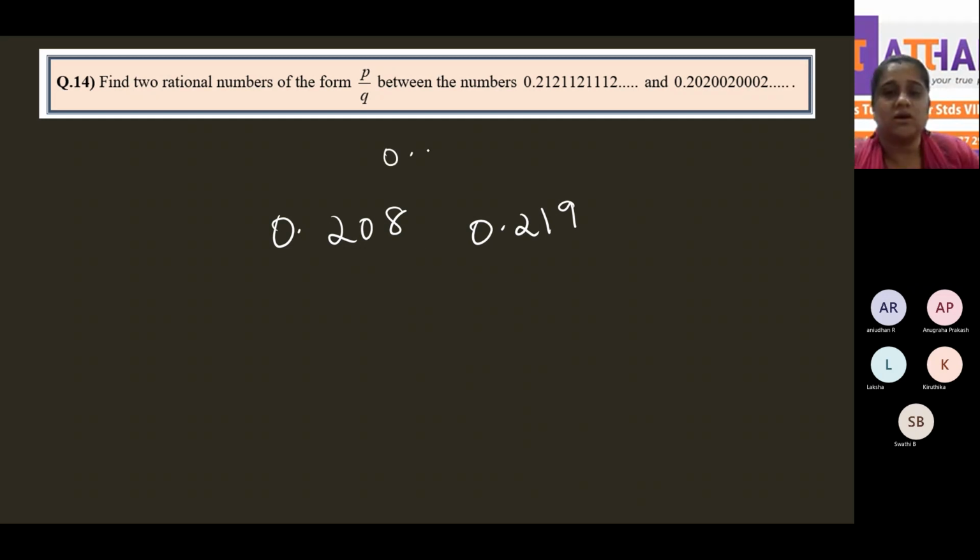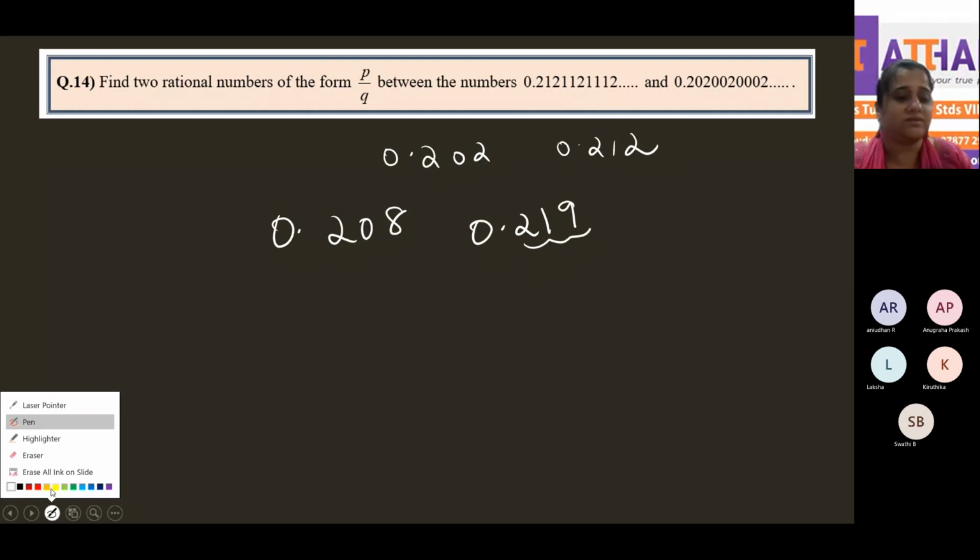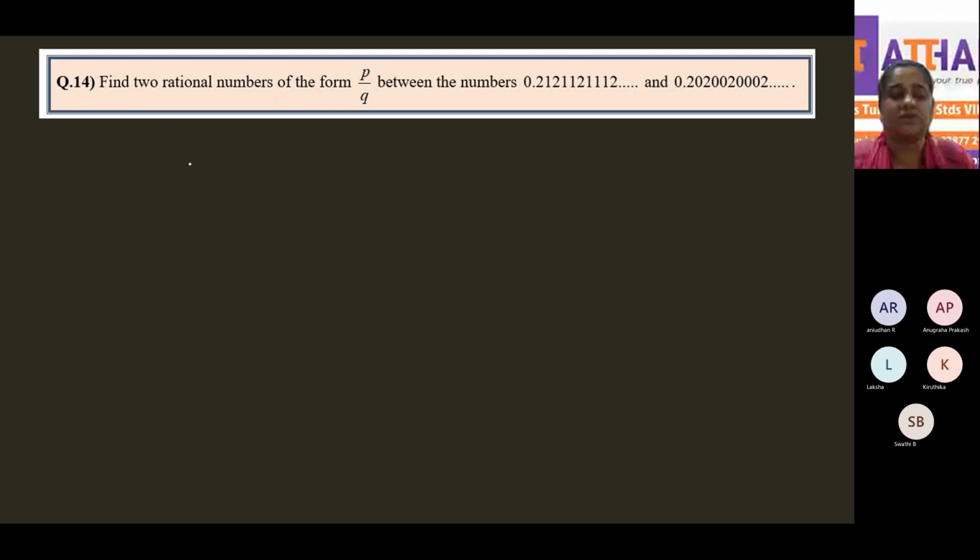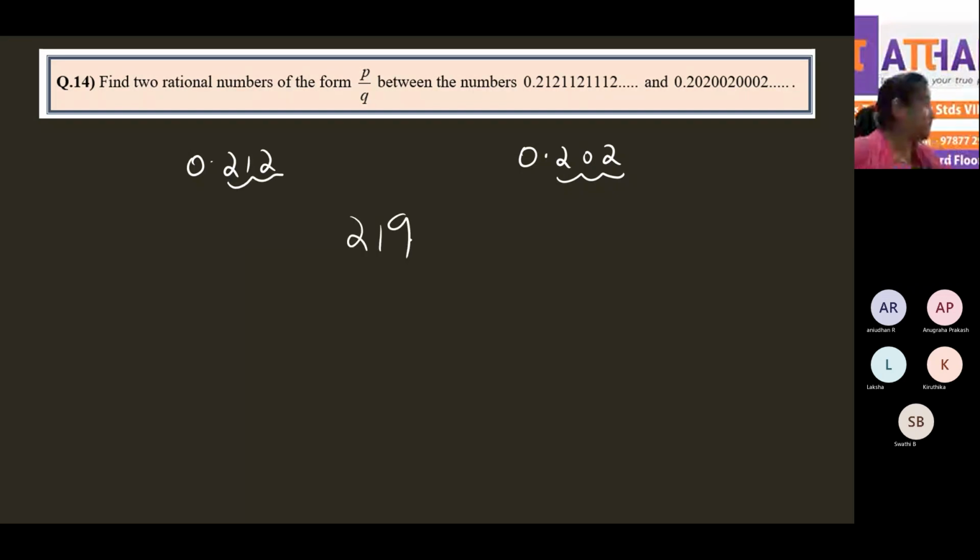See, it's 0.202 and 0.212. You're writing 219. Write the range, no? See here, write the range. The first number is 0.202 if you're taking the first three digits. And the second number is 0.212. 202, 212. You're writing 219. It's after 212.